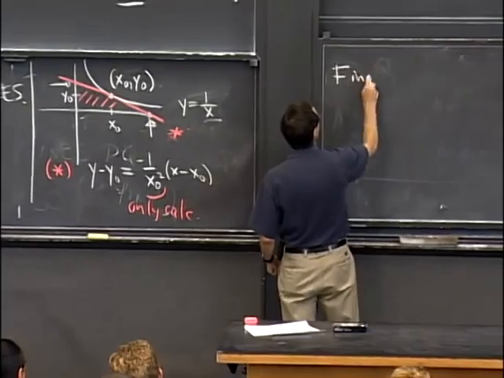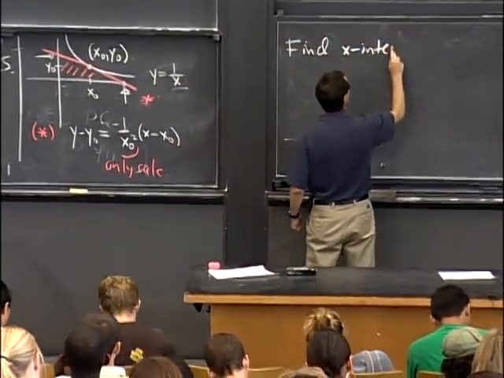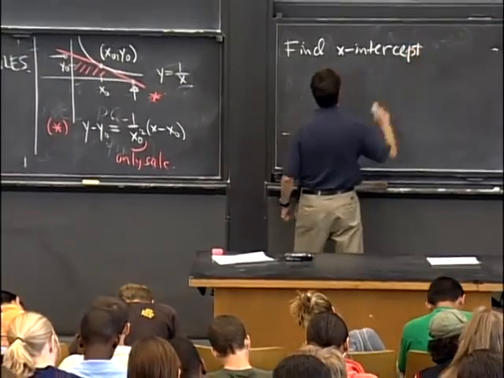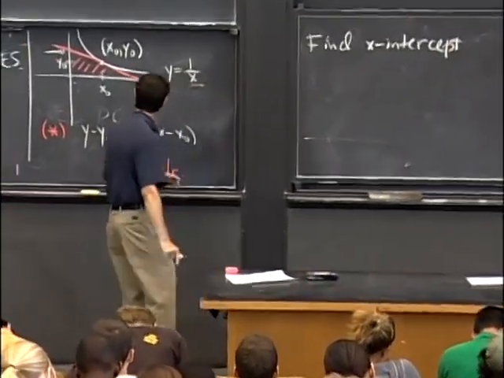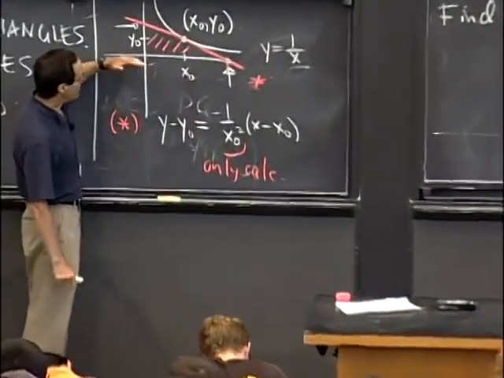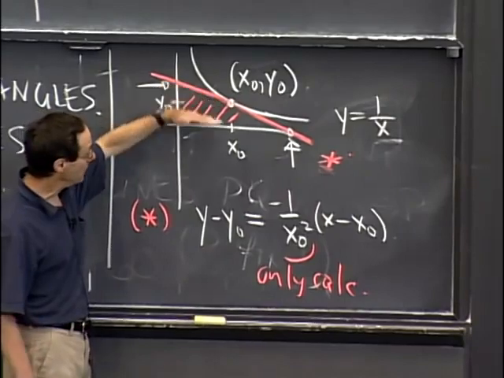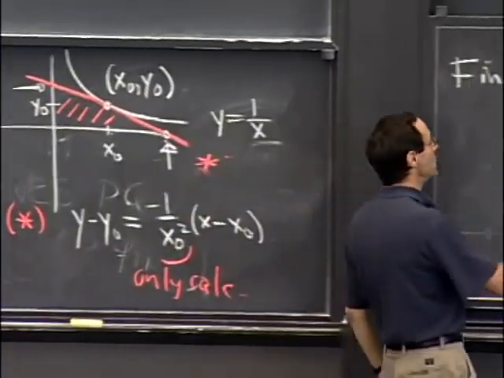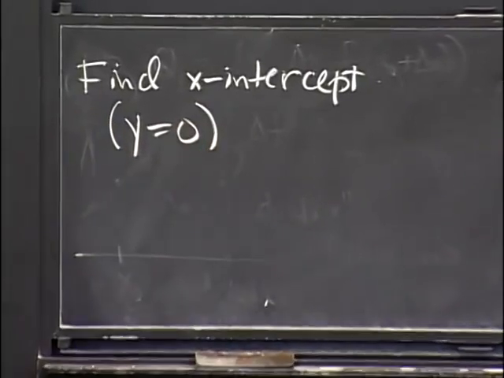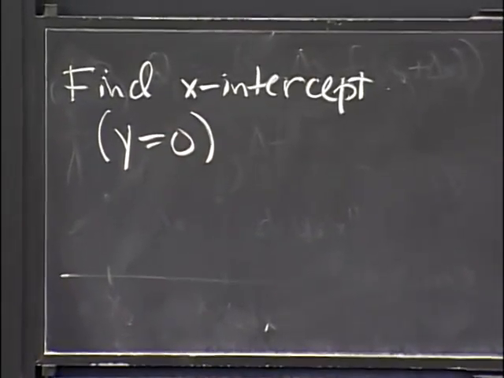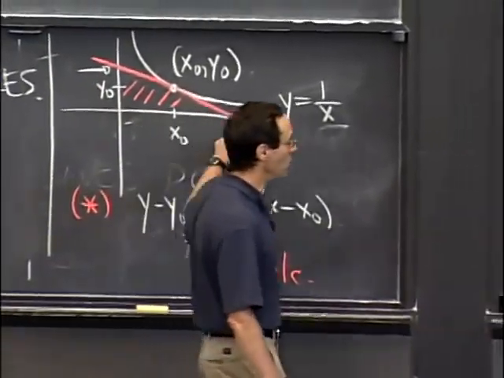We're going to find the so-called x-intercept. That's the first thing we're going to do. So to do that, what we need to do is to find where this horizontal line meets that diagonal line. And the equation for the x-intercept is y equals 0. All right? So we plug in y equals 0, that's this horizontal line, and we find this point.